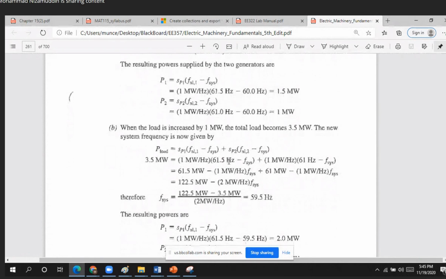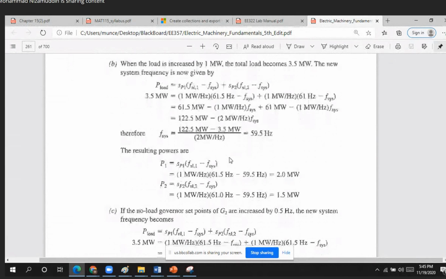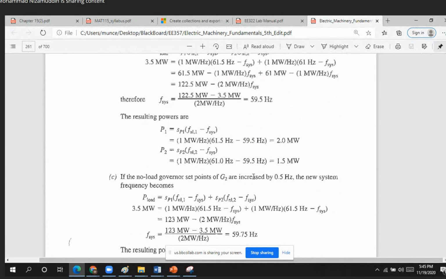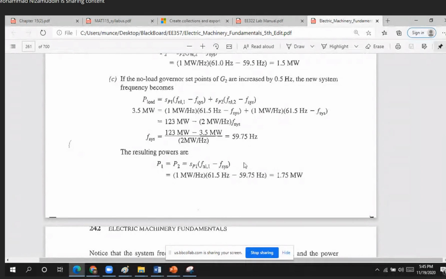All right, so what happens here? Suddenly the total load changes. A load comes and 1 megawatt is added, so the total load is now 3.5. You can apply the same concept and find the new frequency. You might be asked what will happen. It will suddenly drop the system frequency. When another 1 megawatt load is added, the system frequency drops.